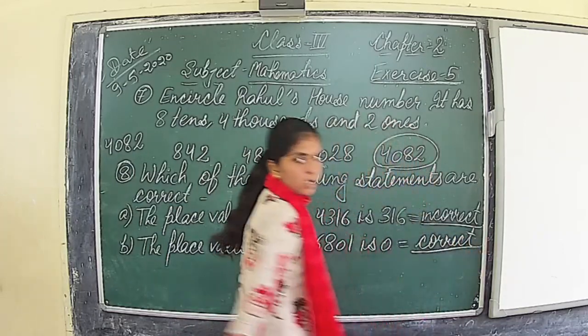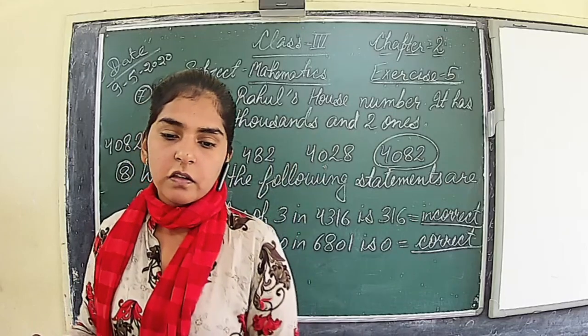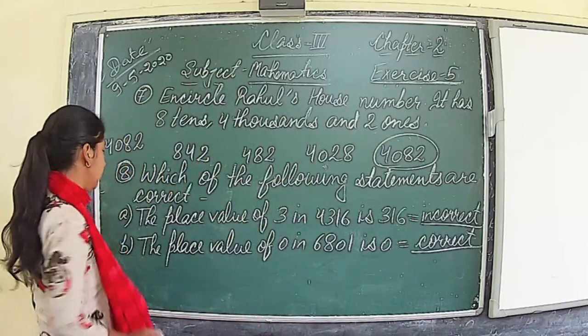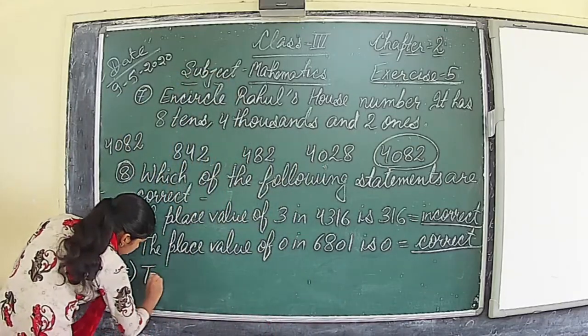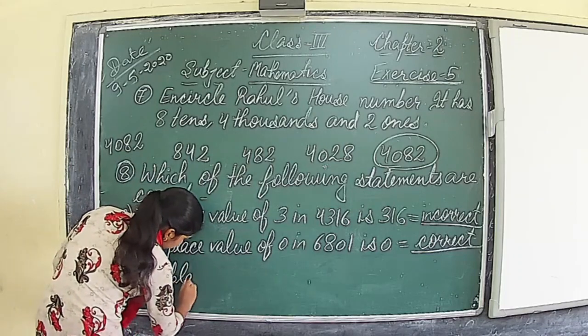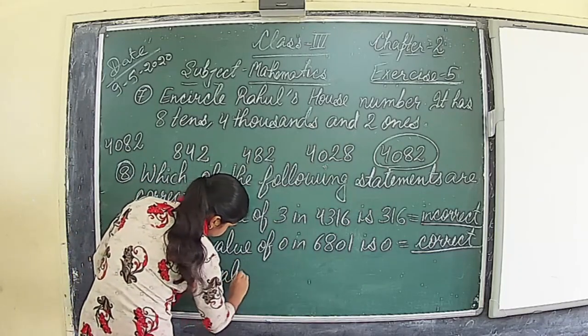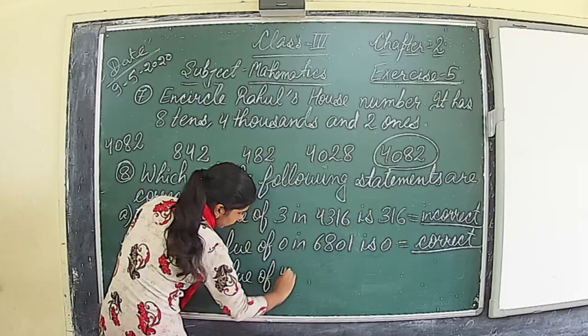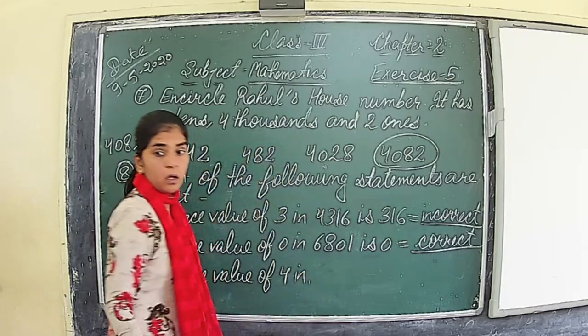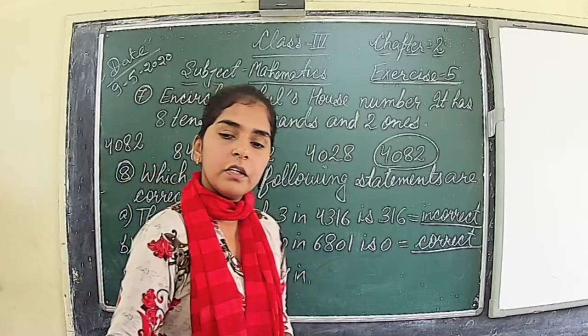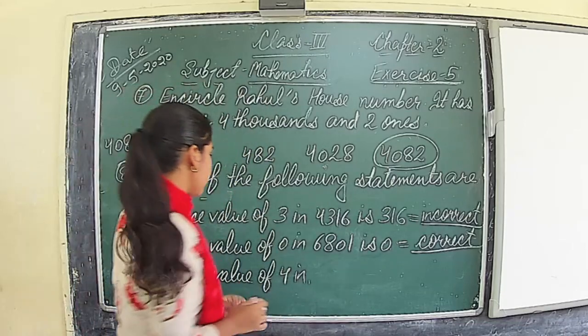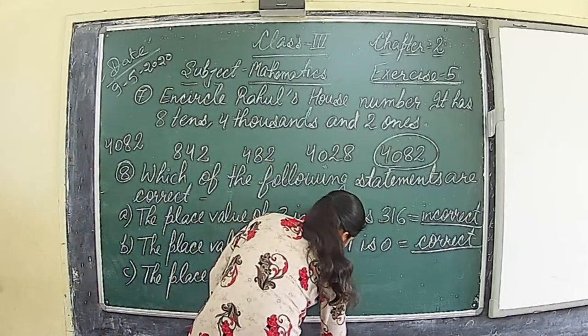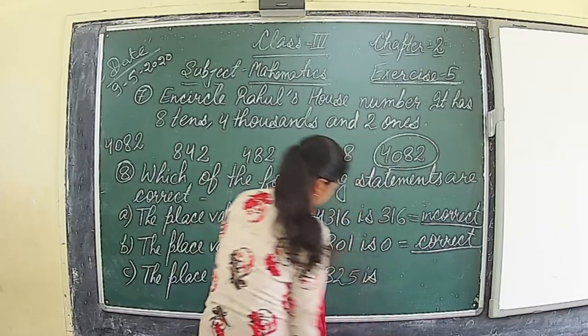Next one, last one: the place value of 4 in 4325 is 4000. Okay.